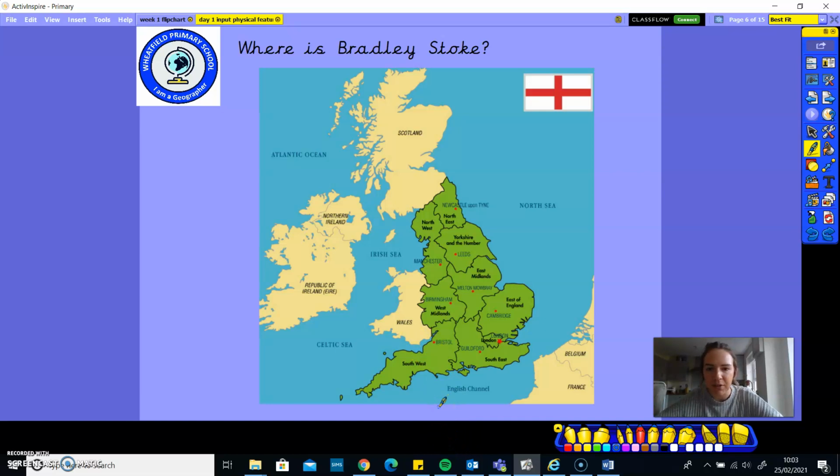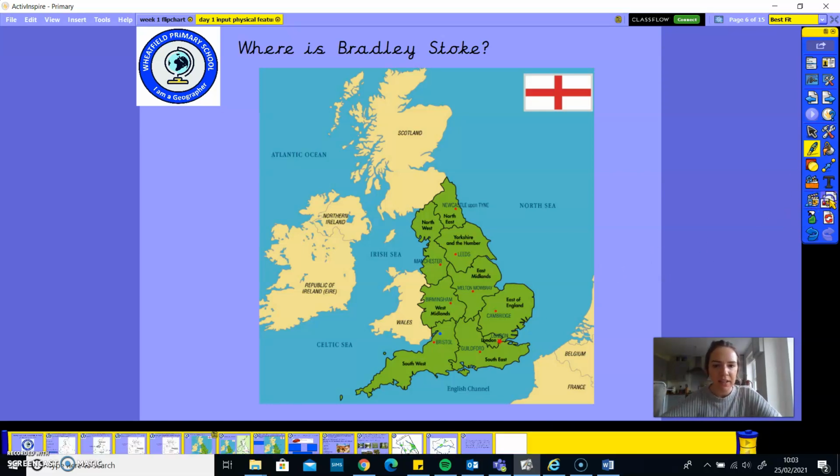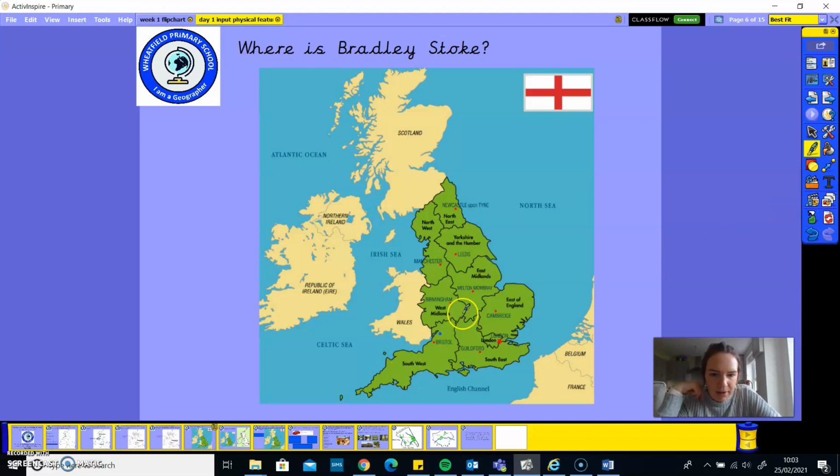Can you spot Bristol on the map? There is Bristol, and Bradley Stoke is north Bristol, so Bradley Stoke is just above Bristol. So I'm going to put a dot about there. Obviously the dot is not to scale. Bradley Stoke is teeny tiny in comparison to Bristol, but it is about where I have put that blue dot. So that is where Bradley Stoke is.